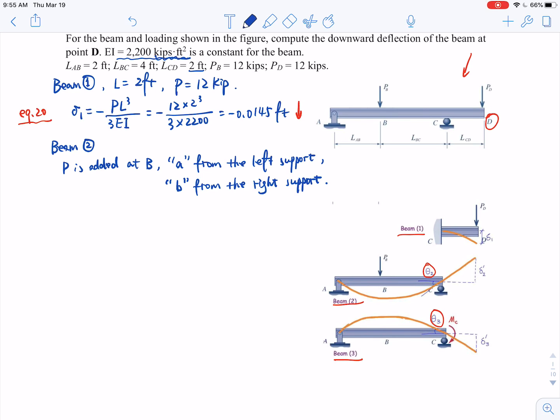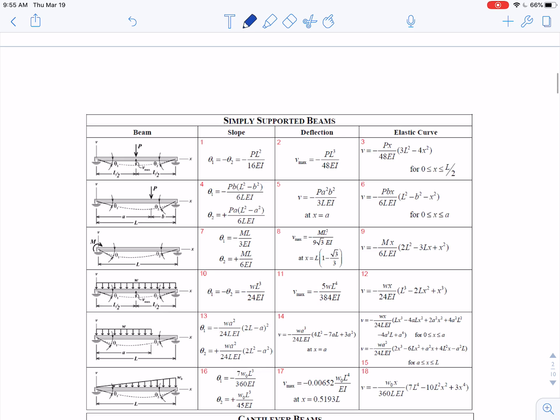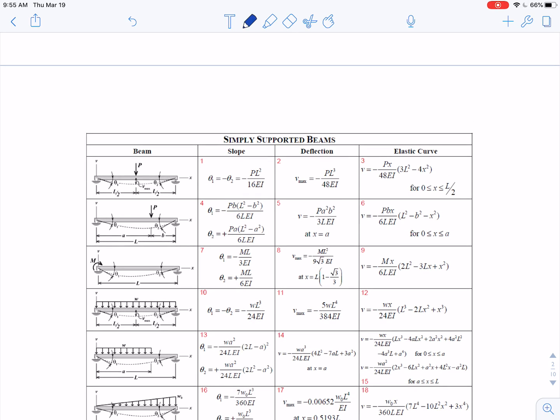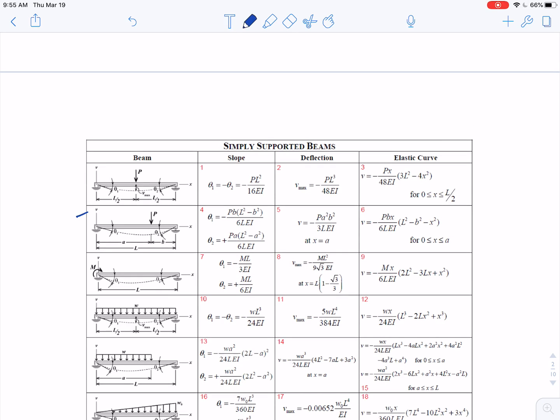This is our case. It's not added at the middle span. It's a random point, A from the left support and B from the right support.